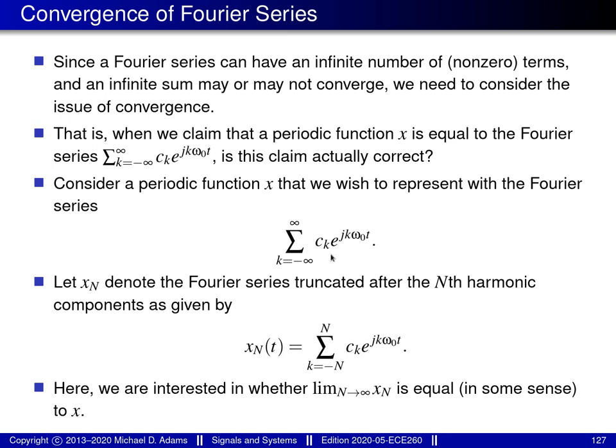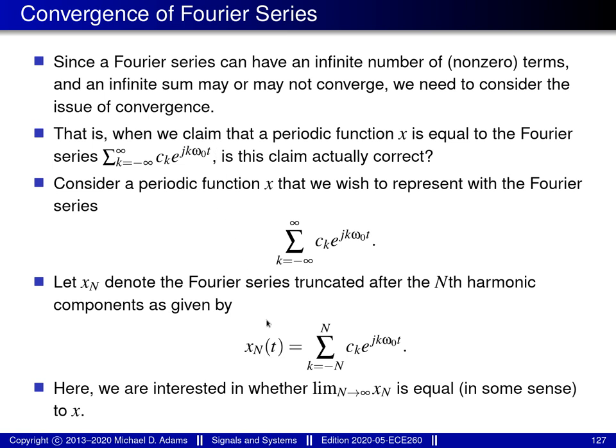So when we're talking about convergence for Fourier series, we have some periodic function x, and we're saying that it has this Fourier series given by this formula. Is this actually a meaningful thing to say? In other words, is this function x really equal to this Fourier series in some sense? This is what we're dealing with when we're dealing with convergence.